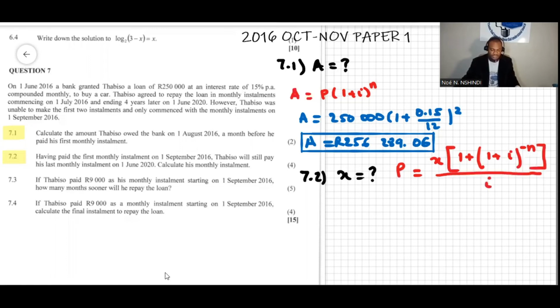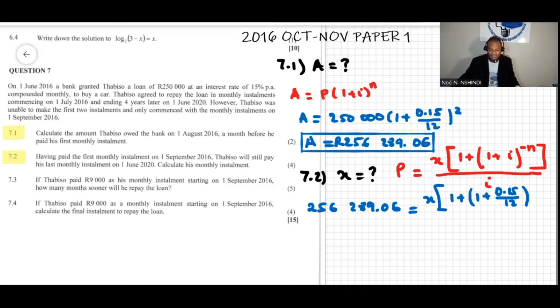Now we can substitute the principal P: 256,289.06 will be equal to x, 1 minus, open brackets, 1 plus 0.15 over 12, all to the power of how much?